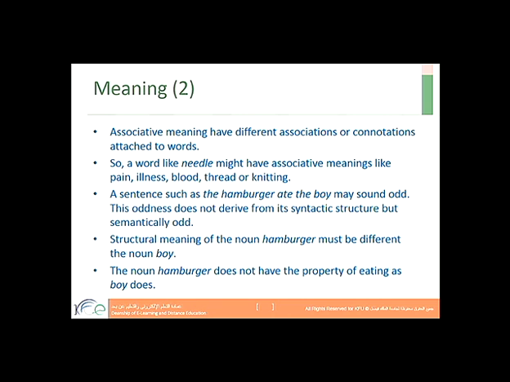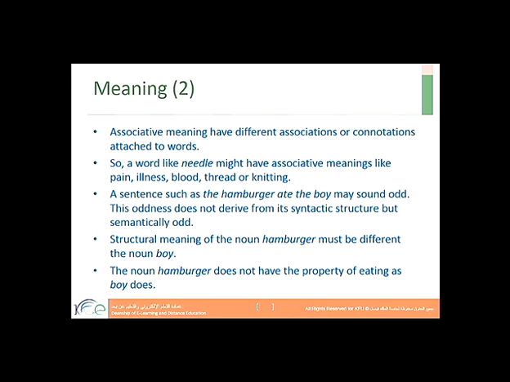So the meaning of the noun hamburger must be different from the noun boy. There is something that is wrong. The noun hamburger doesn't have the property of eating as boy does. The boy is the one who has the property of eating something.